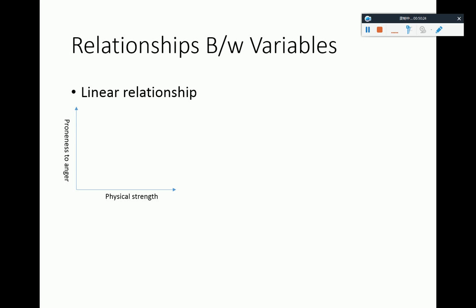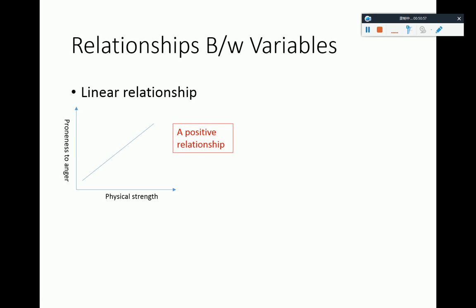If we return to our example, the formidability hypothesis, which describes the relationship between physical strength and how prone you are to anger, previously we said that it's obviously a linear relationship, because the relationship between these two variables, variable 1 and variable 2, is described by a straight line.